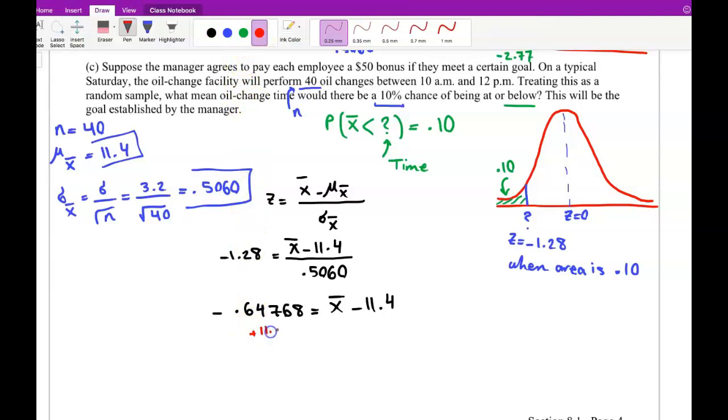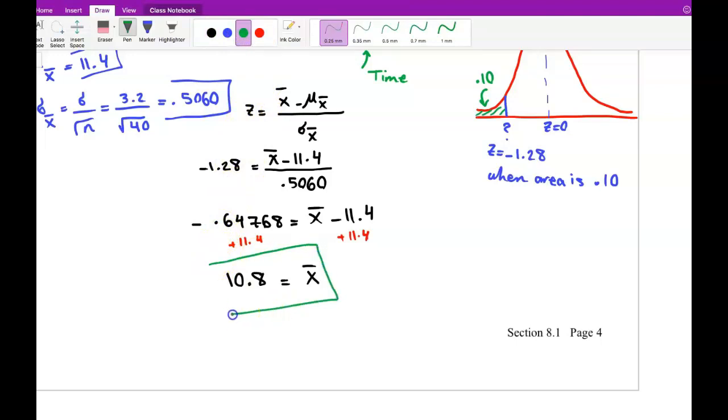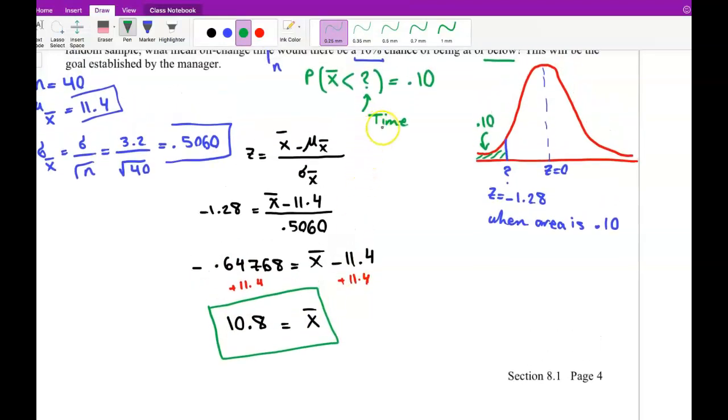So add 11.4, and x bar is equal to 10.8. Since that one was time, this means we have 10.8 minutes.